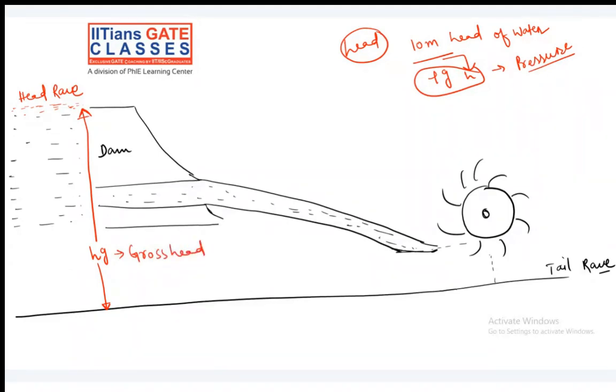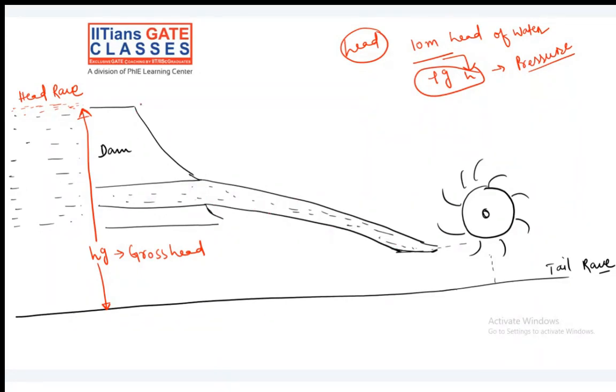Now in your fluid mechanics, you must have heard that whenever there is a pipe flow of water, or any fluid flow, it has some frictional losses. If water is traveling through the pipe, it must be suffering a certain kind of head loss.